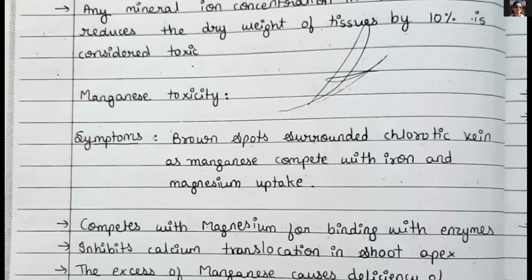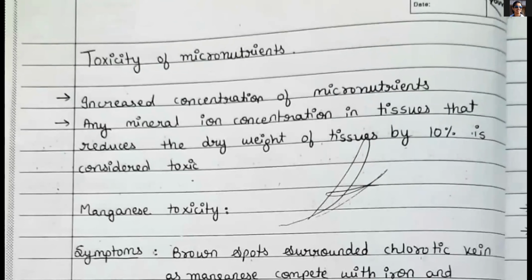Next, we are going to learn about toxicity. Now, this toxicity is particularly related to micronutrients. Remember, toxicity is first related to micronutrients.